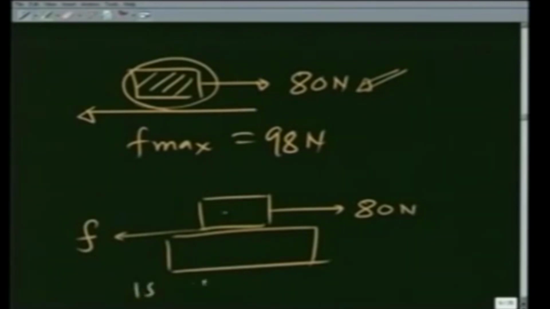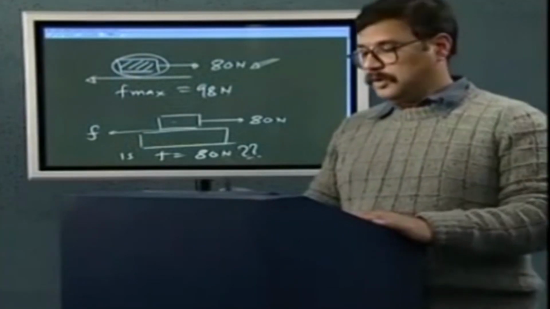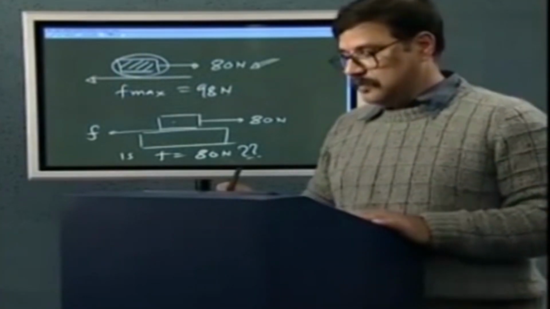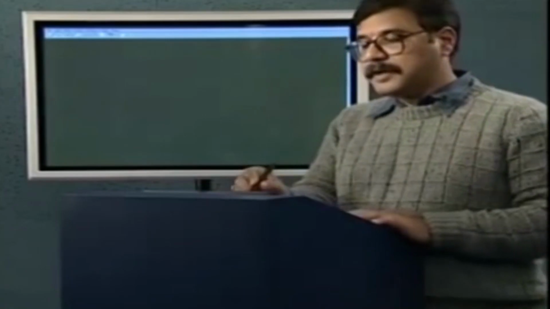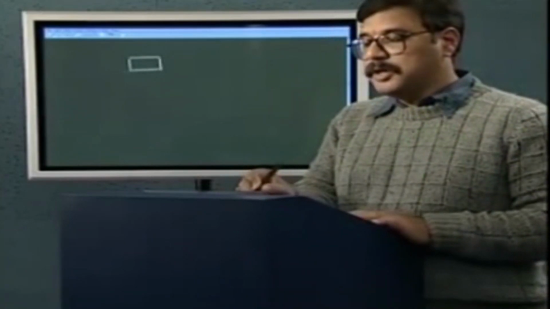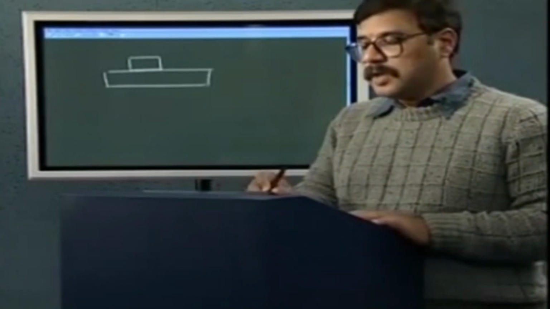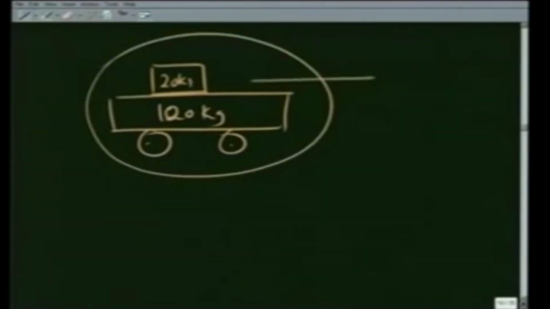Is F equal to 80 newtons? The answer is obviously no. You can see it in two ways. First, if I consider the trolley and the mass, 100 kg together, then on this entire system there is a net force of 80 newtons.